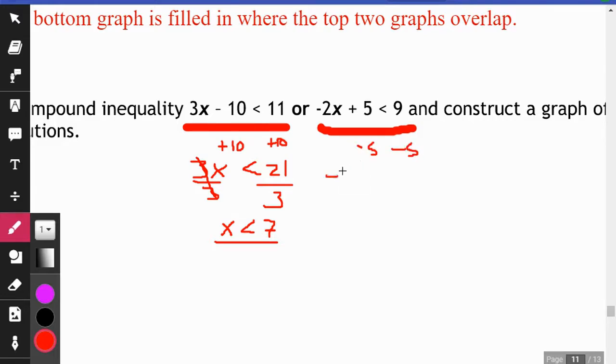So I'm going to end up with negative 2x is less than 4. Now I need to get rid of the negative 2, so I'm going to divide by negative 2, which remember, that means I have to switch the way that the arrow points. Arrow points the other way now. And there we go. I need x to be less than 7 or greater than negative 2.